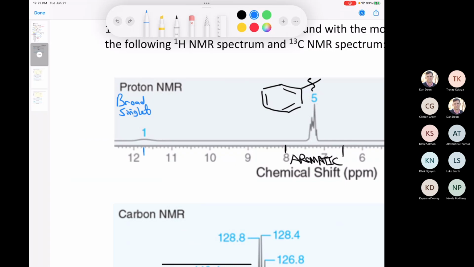Exactly, it would be table 15.2. My students are 100% correct. That means that we have a carboxylic acid. So we have a carboxyl group, and this broad singlet is the acidic proton.